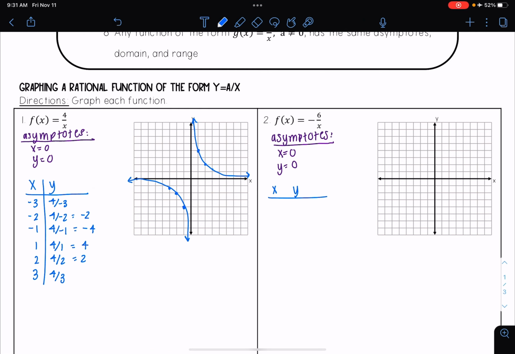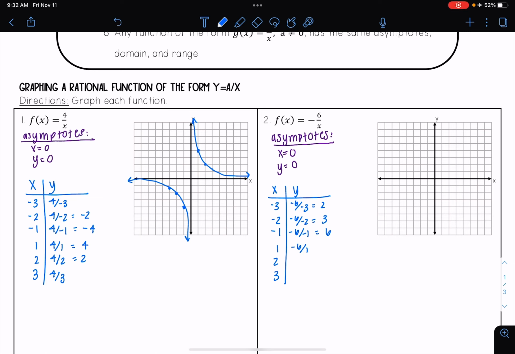Now I need to find my points. I'm going to use the same x values that I did before and plug those into negative 6 over x. Negative 6 divided by negative 3 gets me a positive 2. Negative 6 divided by negative 2 gets me 3. Negative 6 divided by negative 1 gives me 6.